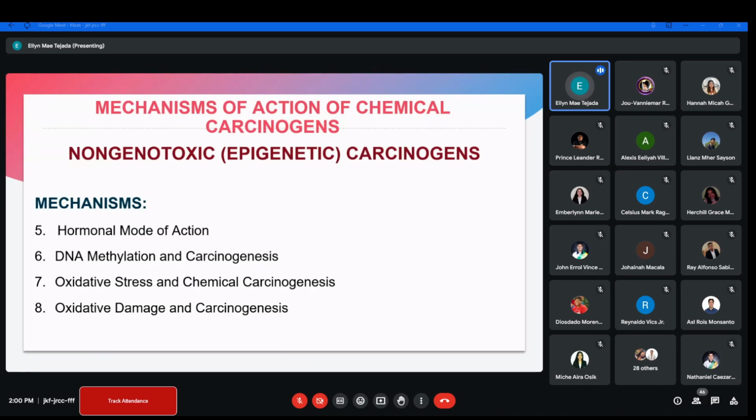Okay, aside from those four, we also consider hormonal mode of action. Hormonally active chemicals could be the biogenic amines, steroids, and peptide hormones that cause tissue-specific changes through interaction with a receptor.